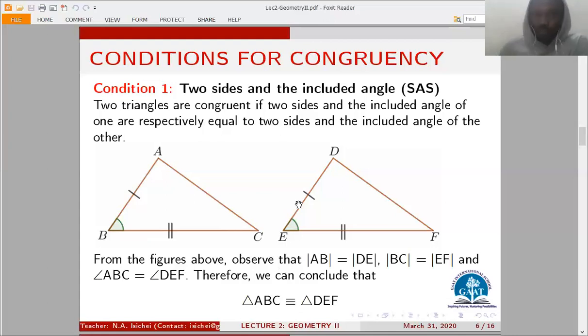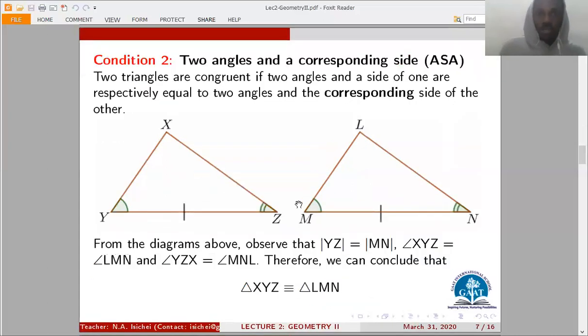Next condition. This condition is known as two angles and a corresponding side, ASA. Two triangles are congruent if two angles and a side of one are respectively equal to two angles and the corresponding side of the other. So here are two other triangles again, triangle XYZ and triangle LMN.